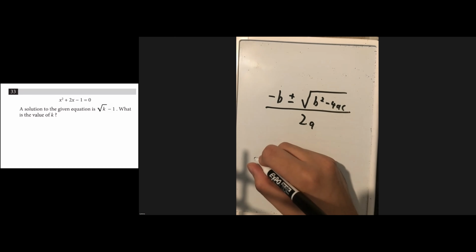Okay, so for this one, we're just using the quadratic formula, which is negative b plus or minus root b squared minus 4ac all over 2a. So for this, a is 1, b is 2, c is negative 1.